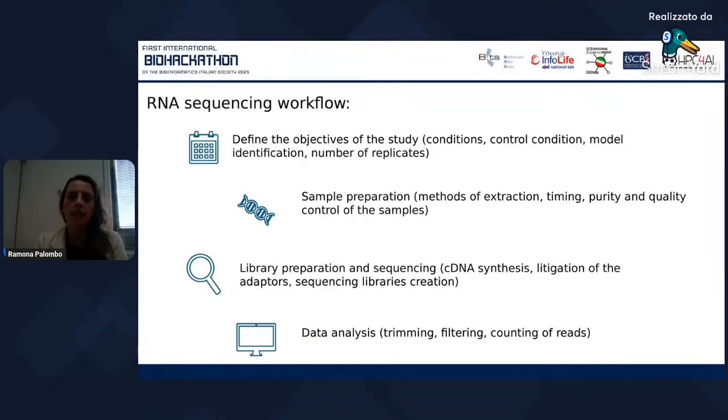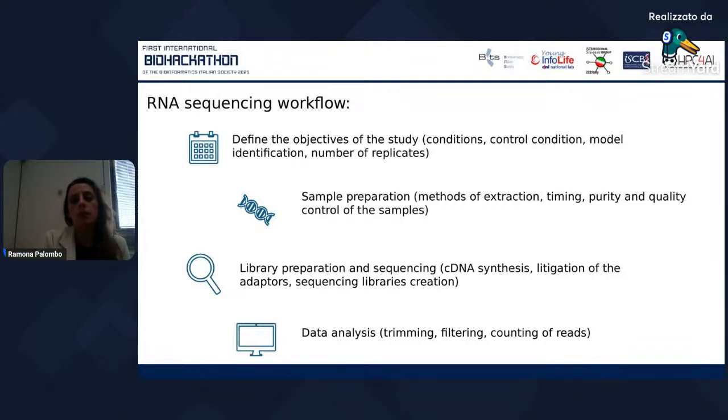So we can say that if we set all the right conditions and also we identify what our objectives are and the number of replicates that we need to have a sure answer to our questions, maybe it's a good thing.